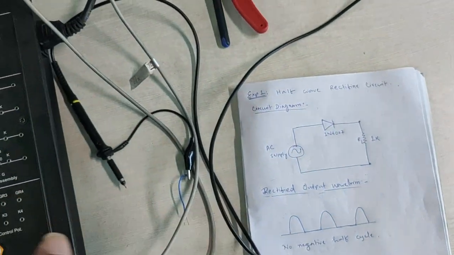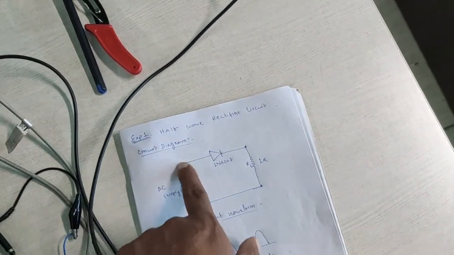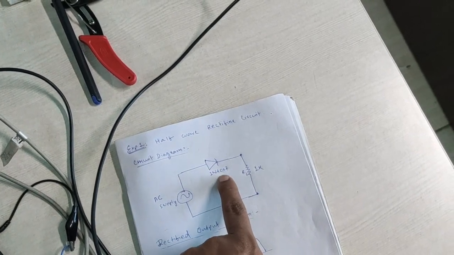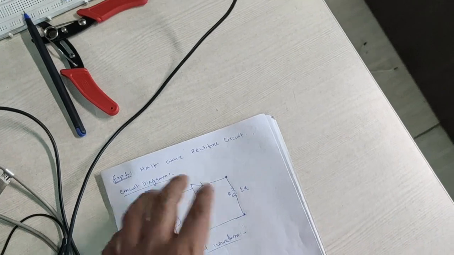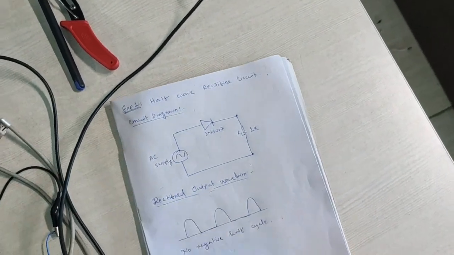Then the apparatus, whatever we have used. From this circuit you have to write the apparatus: load resistance, diode 1N4007, AC power supply 0 to 15 volt, and wires, multimeters or DSO, whatever you need.